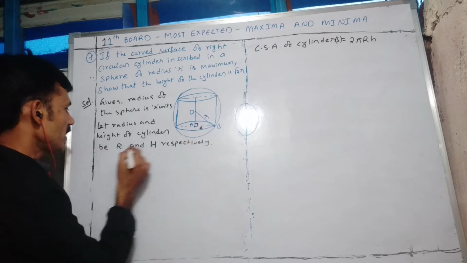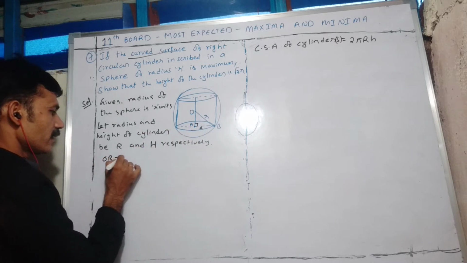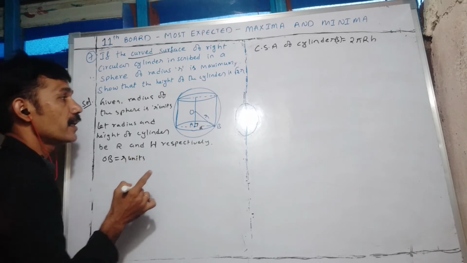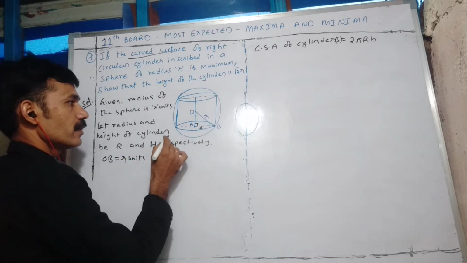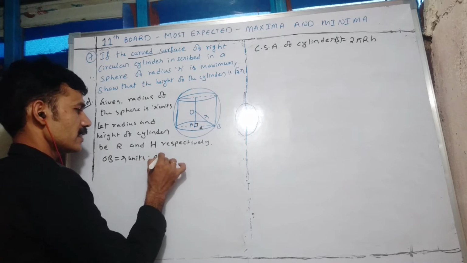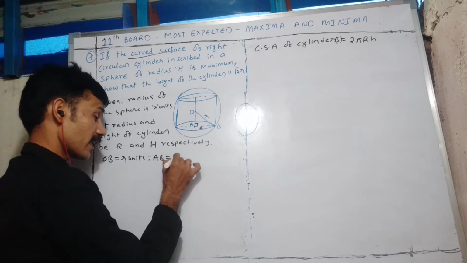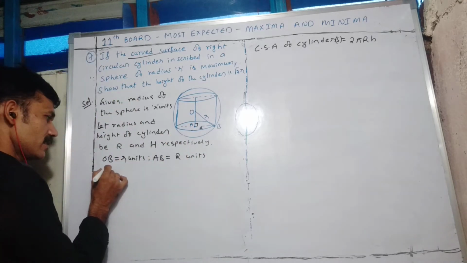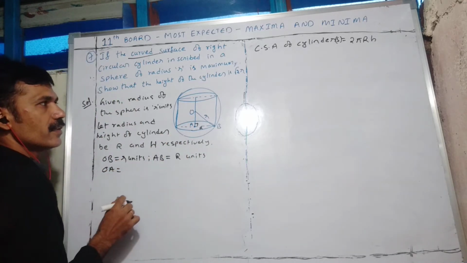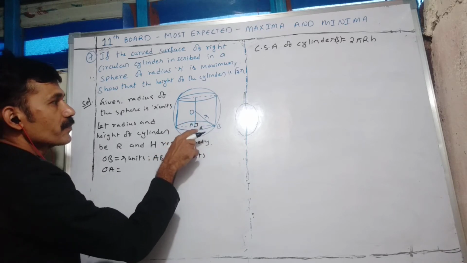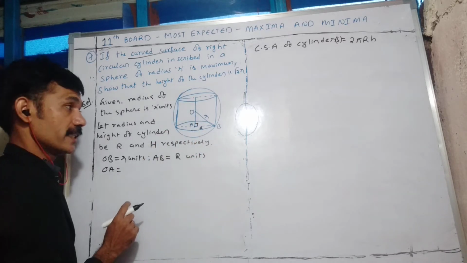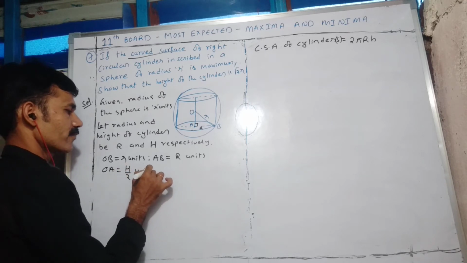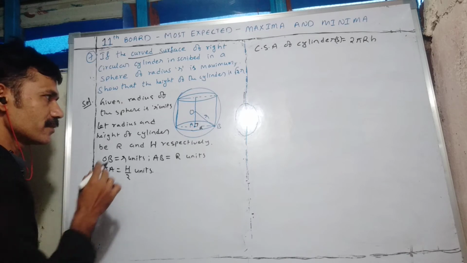OB is nothing but the radius of the sphere, that is small r units, and AB is the radius of the cylinder, capital R units, and OA will be half of the total height, that is H by 2 units. Okay, it is very clear.